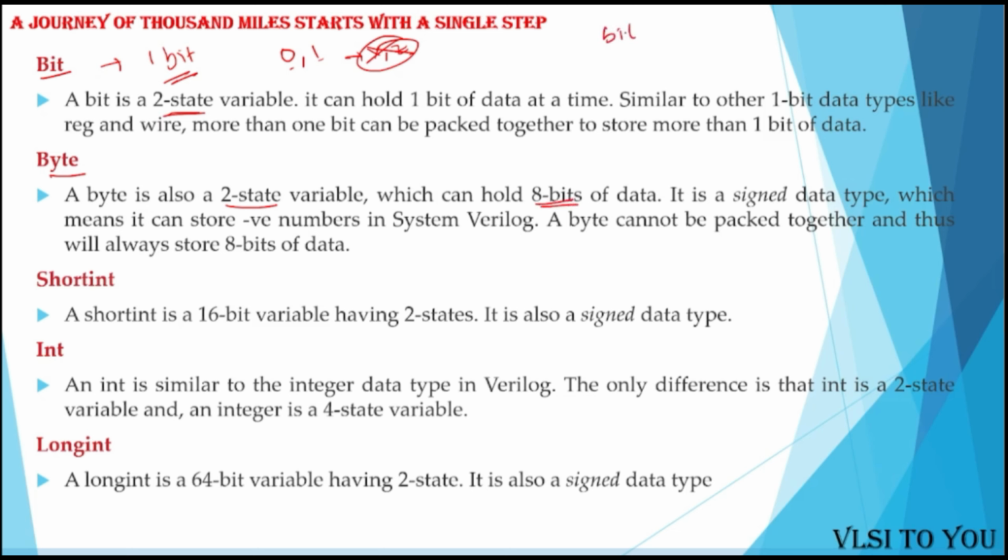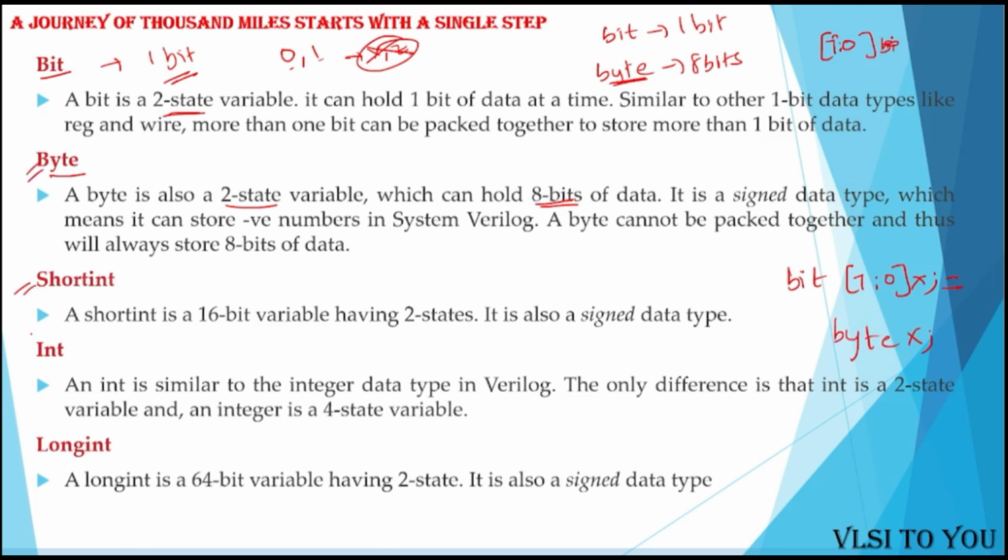So bit means 1 bit, byte means 8 bits. That means when you give byte, it literally means bit [7:0] x is equal to byte x. Yes, so this is the meaning of byte.